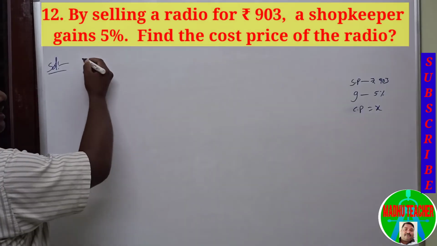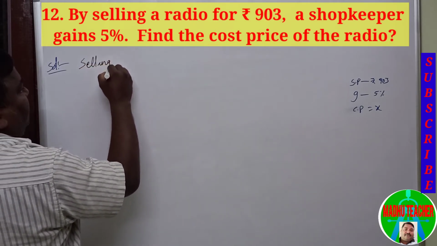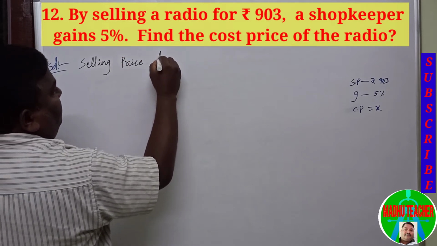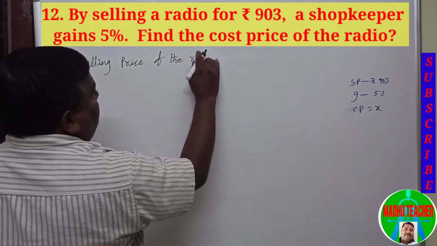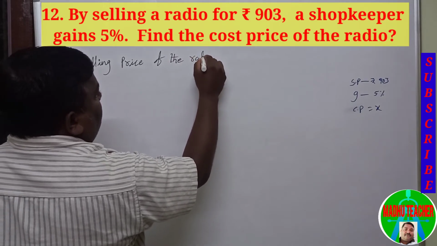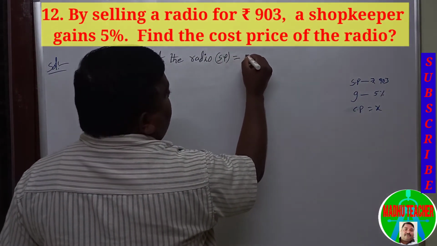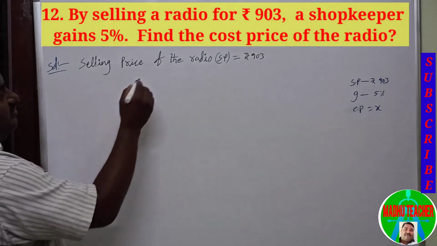I am writing the given data. Selling price of the radio, SP equals rupees 903.